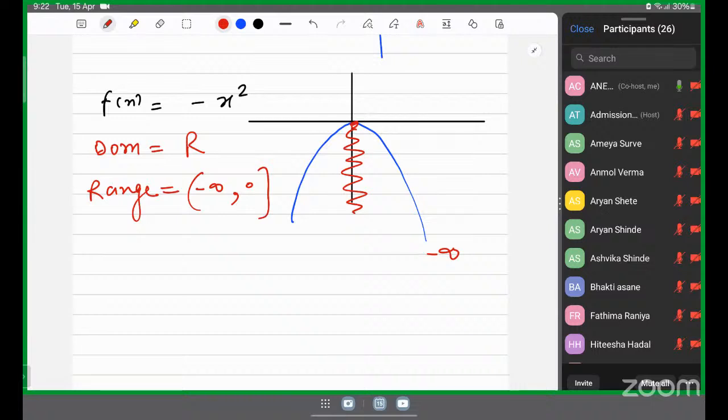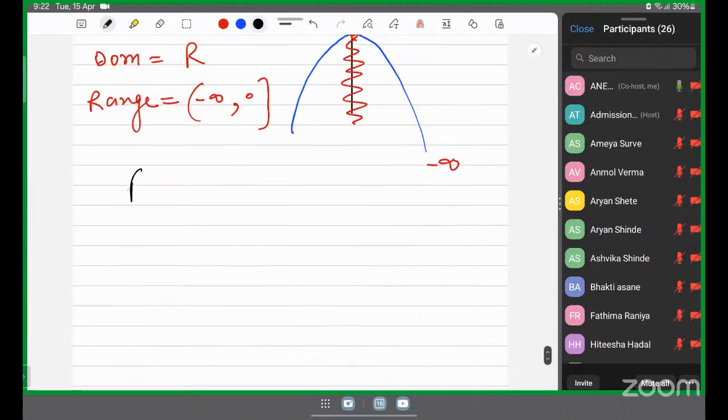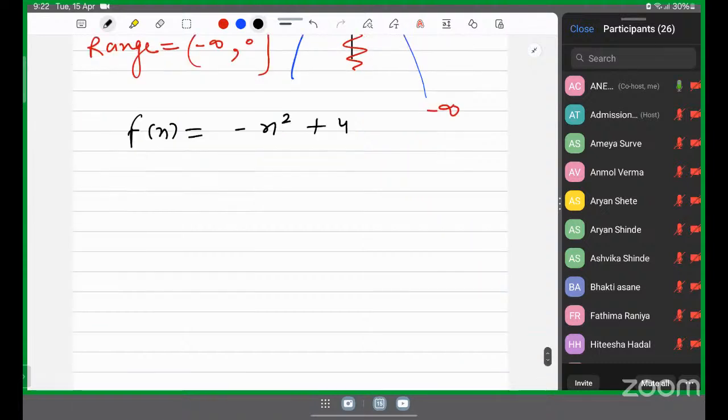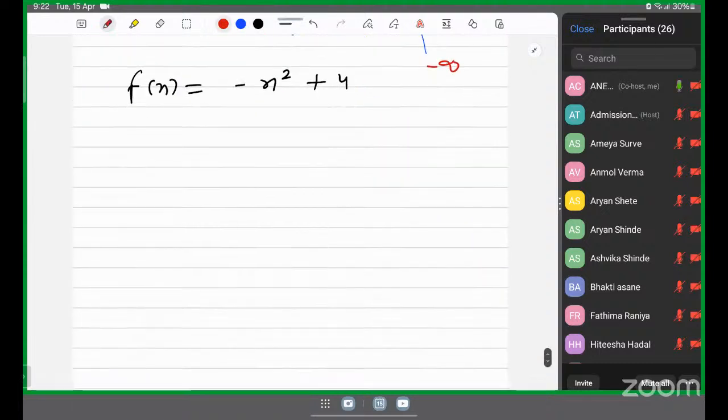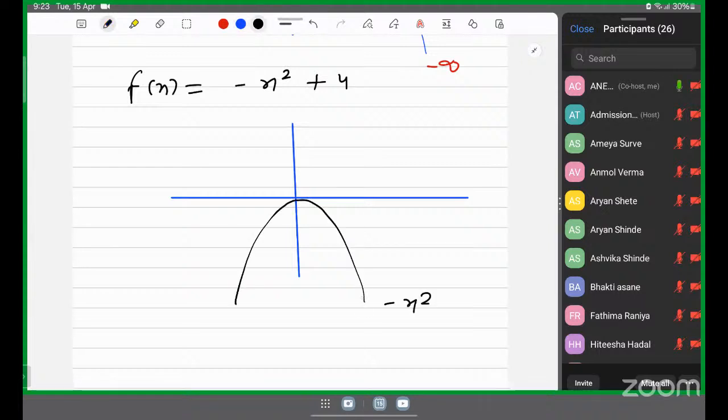If I take f of x as minus x square plus 4, what will its graph be like, and what will its domain and range be? Now, this is the graph for minus x square. If you add plus 4, the graph will shift 4 units upward. The graph will go from here.